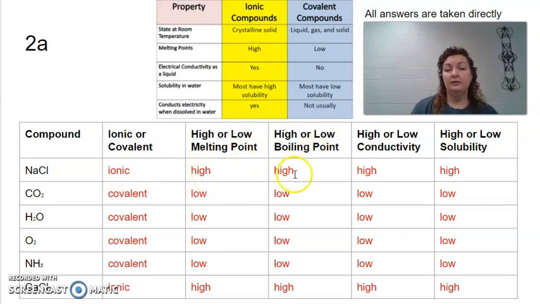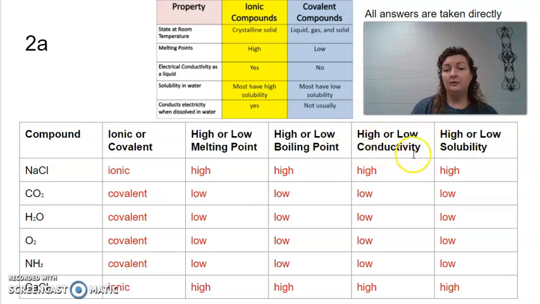Would it have a high or low boiling point? Well, let's look at where it's talking about boiling point. Let's see here. So looking at our data table, it does not directly give us information about the boiling point. So we have to kind of infer, right? If a bond has a high melting point, it's most likely going to have a high boiling point. So that just takes some inference on our part, okay?